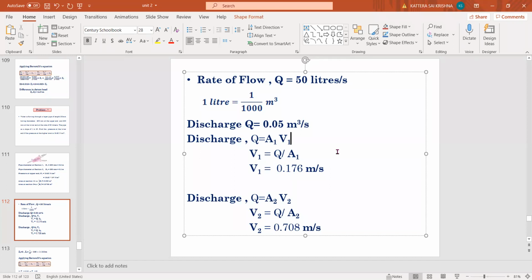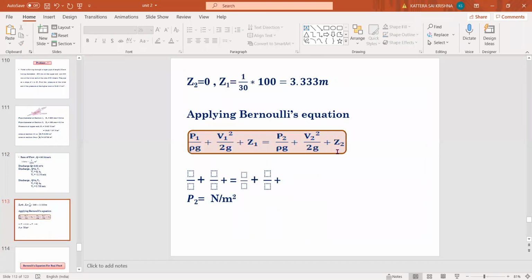Okay, so next we find Z1. He has given the slope, 1 by 30 of the total length. If you multiply the slope by the length of the line, you get your height Z1.